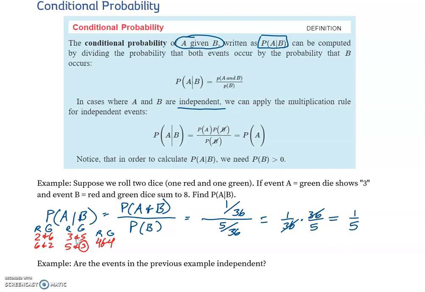Of course, the alternative is to just narrow your scope and say, okay, what are all the different ways to get a sum of 8? Right, and we did those 5. And then we say among those, given that we are in that group of 5, how many of our possibilities shown have the green die with 3? And so we only see that one case.